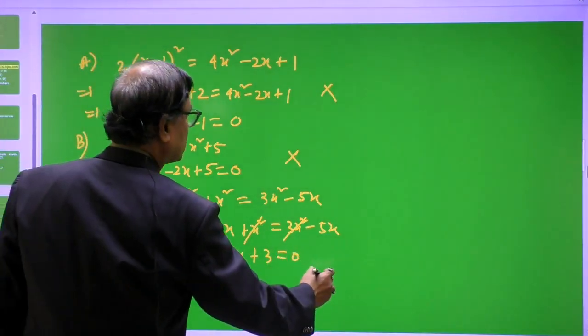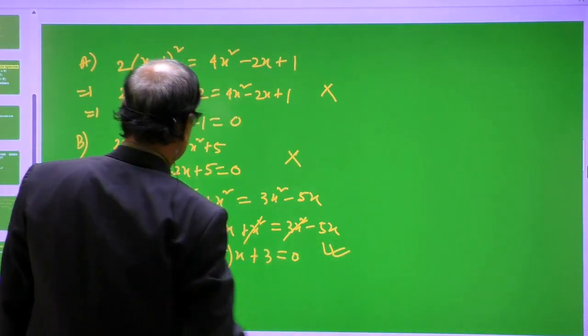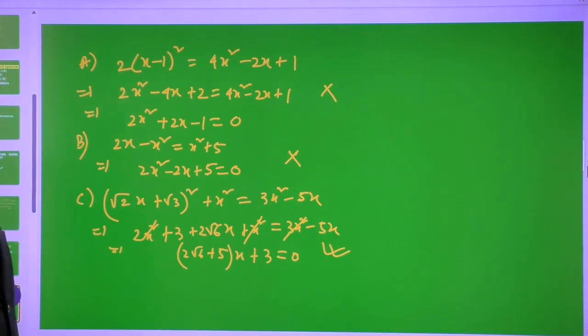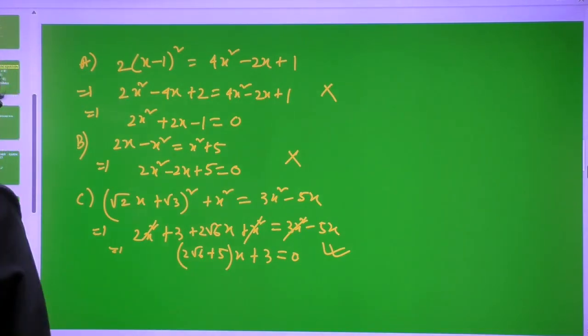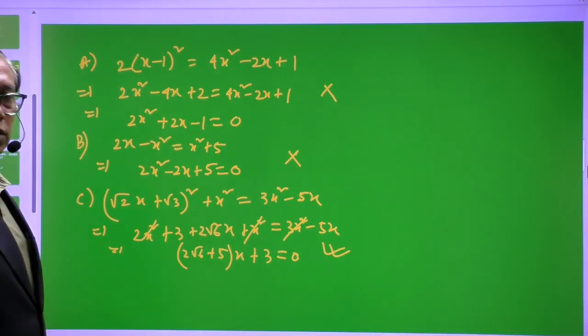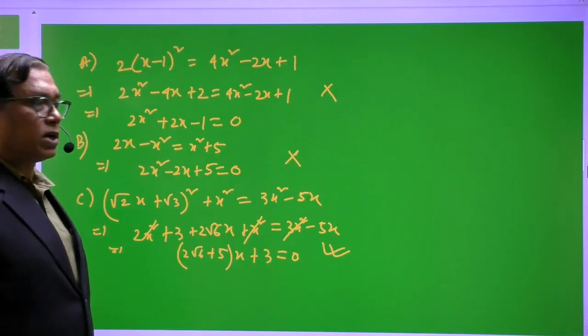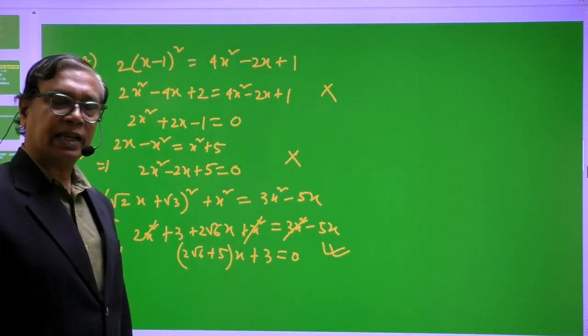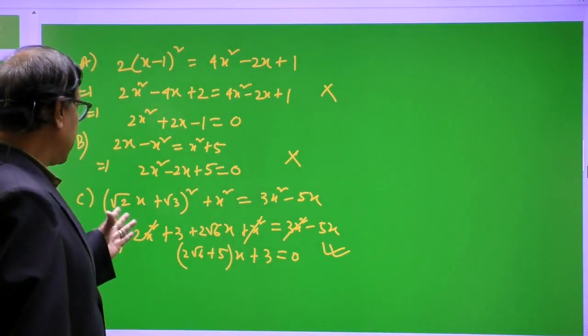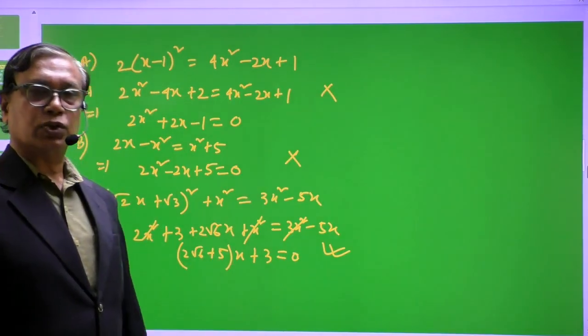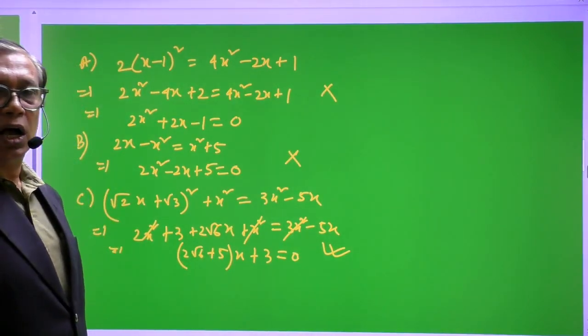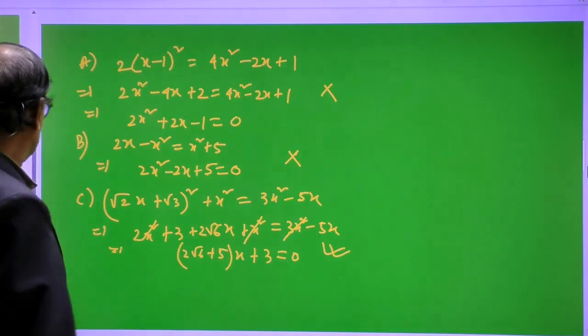So that means this is the right option. Option C is the right option. Option D, no need to check, because here a single answer is correct. Since we already got the correct option, there is no need to check option D.